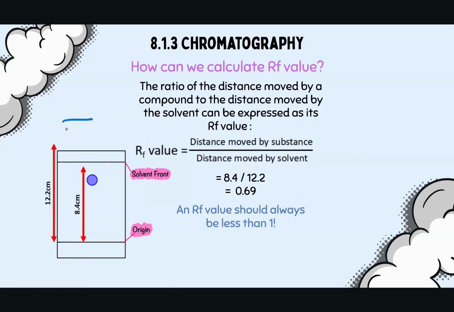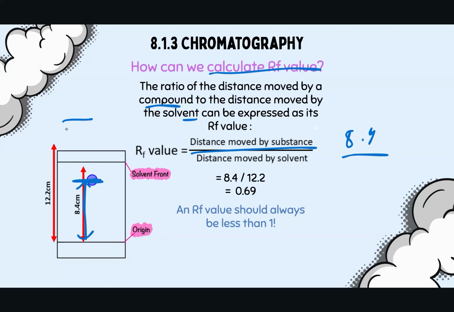So that's how we can calculate the RF value. It's the ratio of the distance moved by the compound to the distance moved by the solvent. So when you're doing the distance moved by the compound, I know the arrow here says 8.4 and it's measured well above, but the measurement should have been up to the middle of the compound. So that's 8.4.